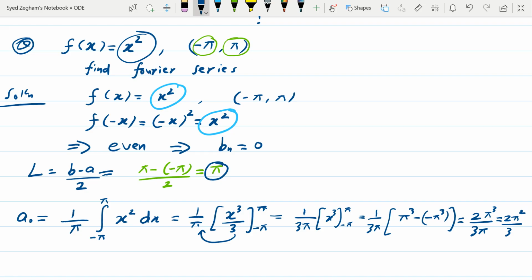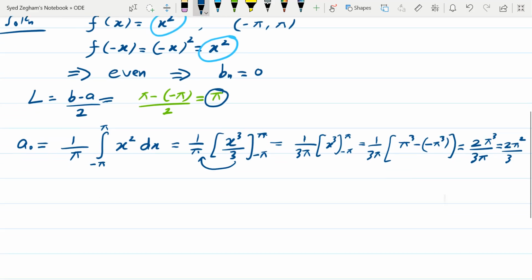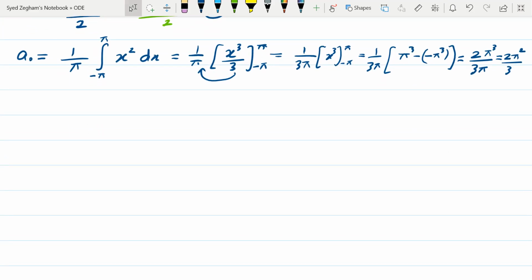Now let us start with an. Let's write the formula first: 1 over L, that is pi, integral minus pi to pi of f(x), that is x square, multiplied by cosine n pi x divided by L, that is again pi, dx.